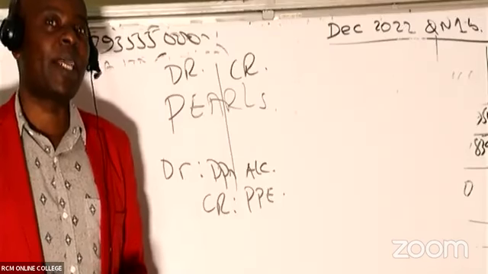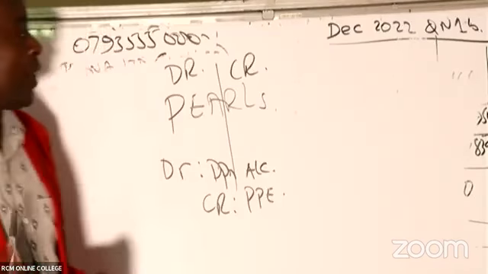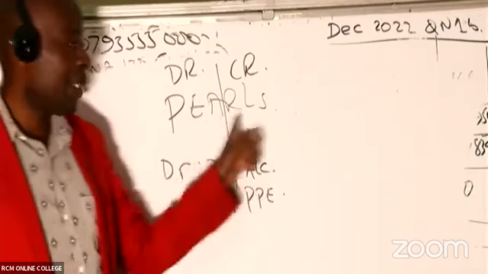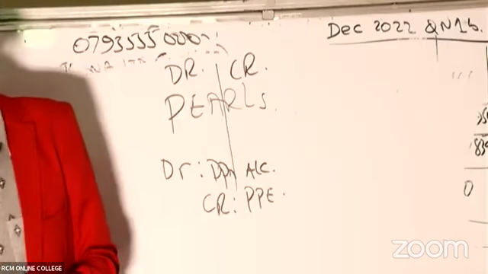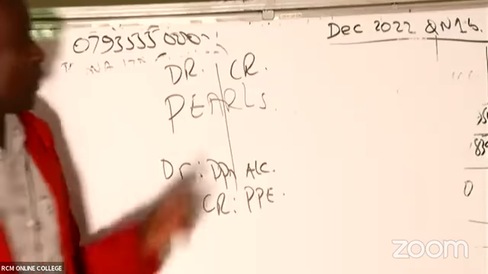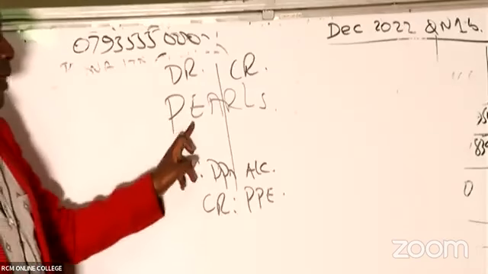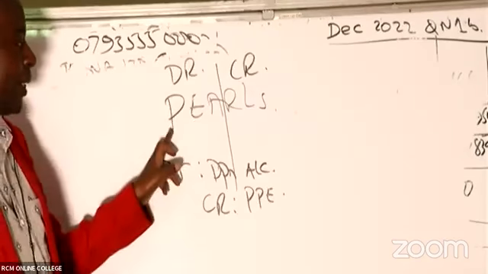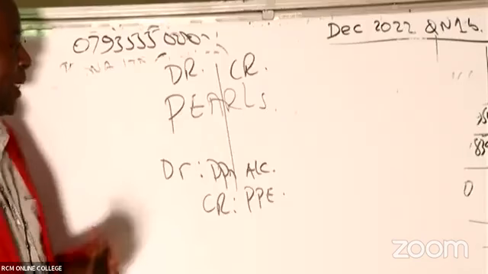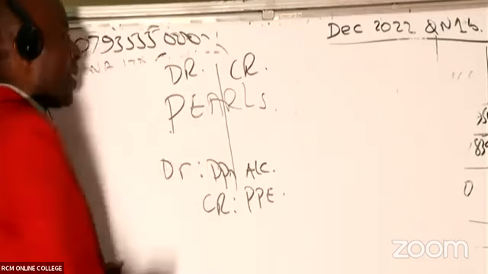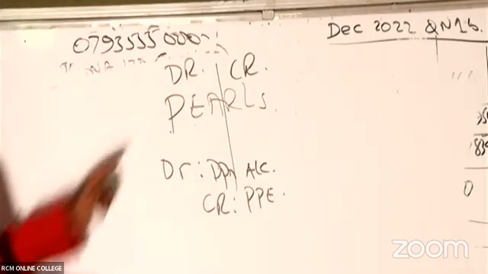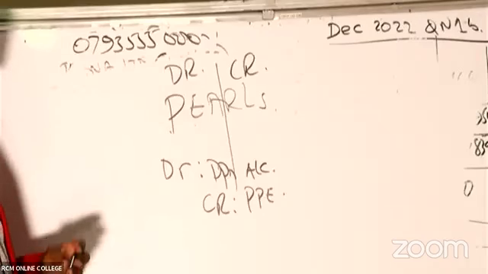As an accountant, as a science, you have to be very, very good in terms of this. P is purchases, expenses, assets. Whenever they increase, we debit their accounts.